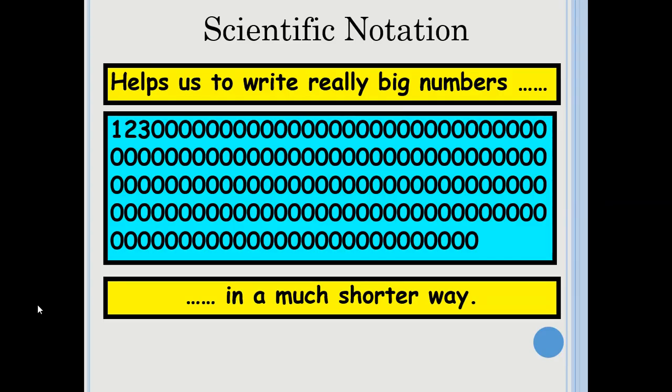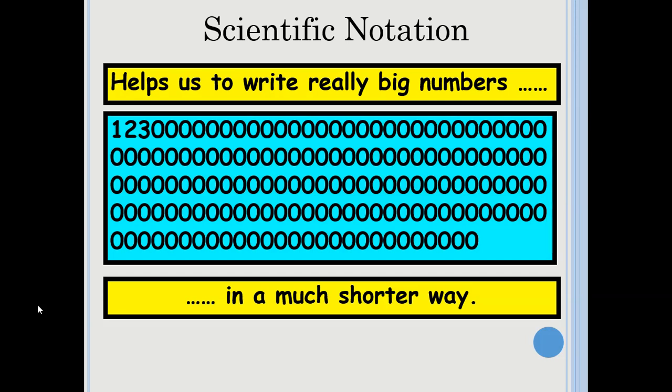Scientific notation is a way that helps us to write really big numbers, like this one, in a much shorter way. And what that does is it allows for less errors. So if you were asked to write that number, it would be a very hard task to count all the zeros.